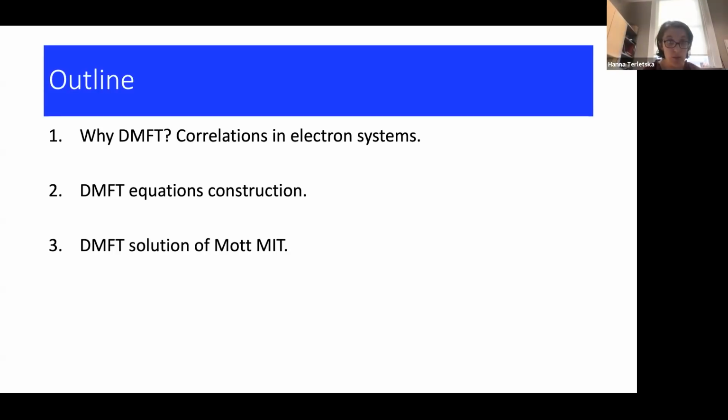And I hope this introduction of DMFT will be a starting point for other discussions of dynamical mean field theory, in particular for DMFT and plus, which means DMFT in real materials or maybe other systems.